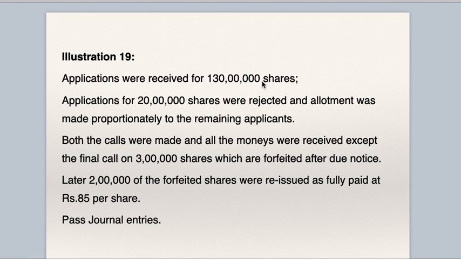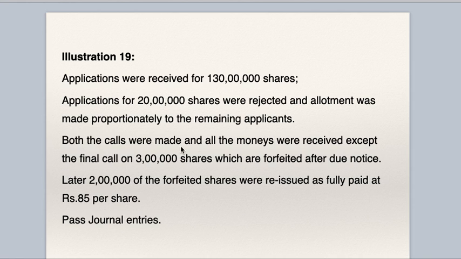Out of these 30 lakh extra applications, 20 lakh extra applications they have rejected and refunded the money which they have received along with these 20 lakh applications. So for the remaining applications, that means 1 crore 10 lakh applications, they have allotted 1 crore shares.